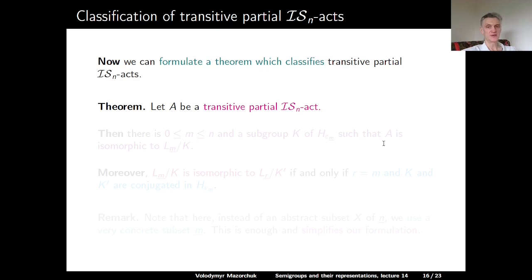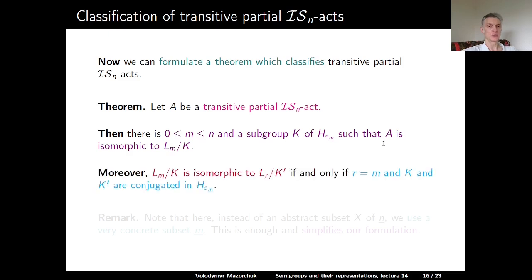Let A be a transitive partial ISN act. Then there is m between 0 and n, and a subgroup K of the group H sub epsilon m underlined, such that A is isomorphic to the quotient act Lm underlined modulo K. Moreover, Lm underlined modulo K is isomorphic as an act to Lr underlined modulo K prime if and only if r is equal to m and K and K prime are conjugated in our group H sub epsilon m underlined.